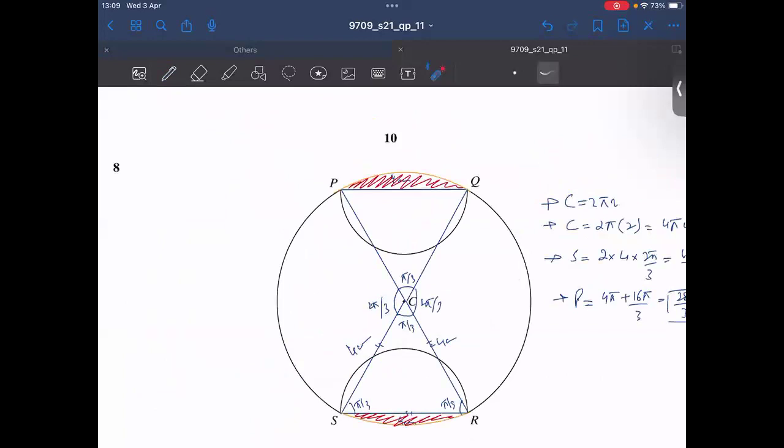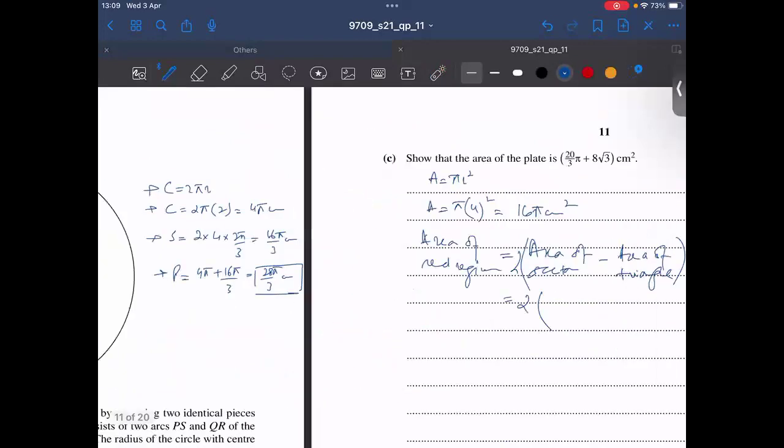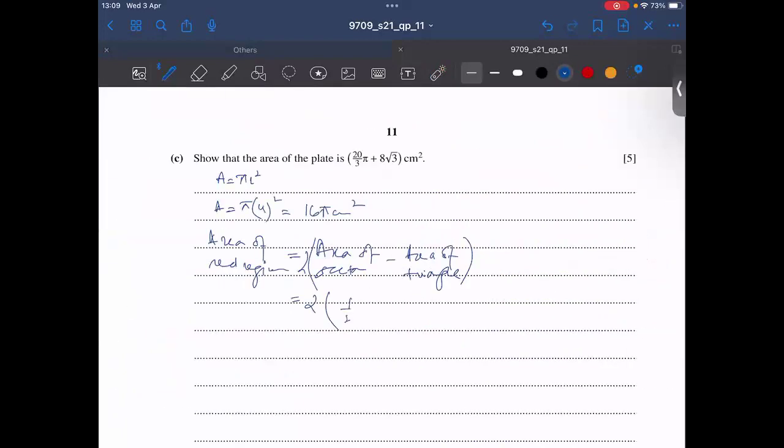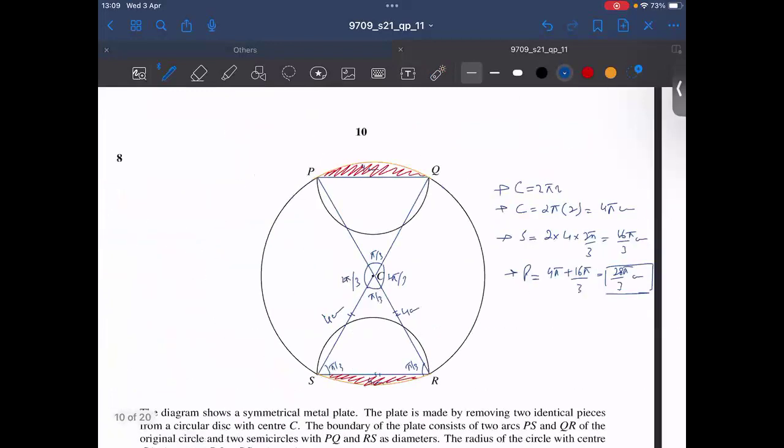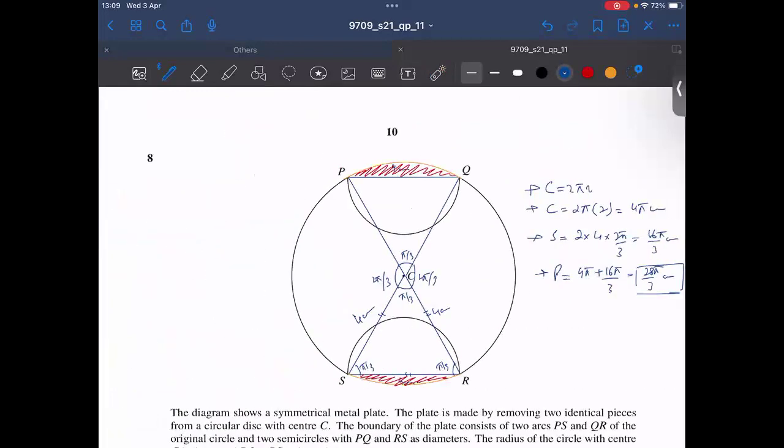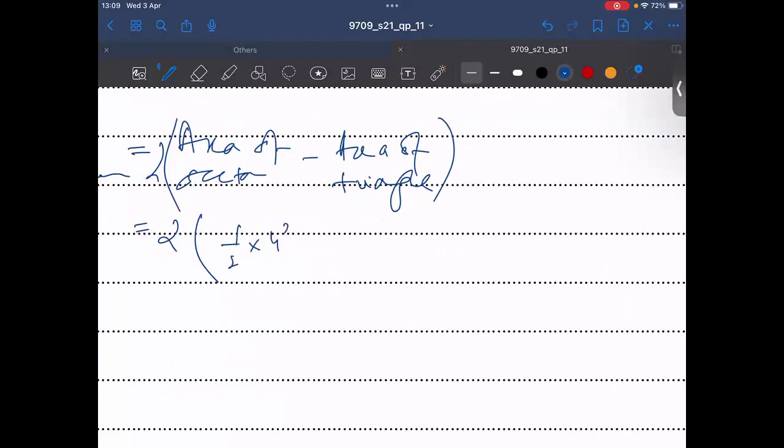So the area of this sector is going to be half 4 square theta, which is pi by 3, minus area of triangle, which is half... So radius would be 2, I guess?